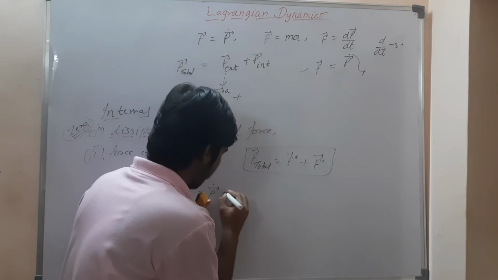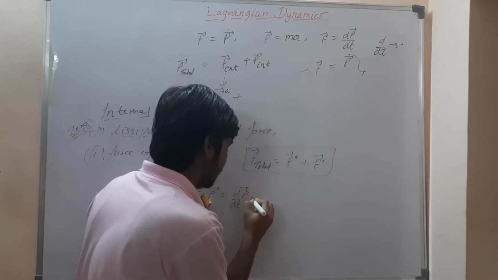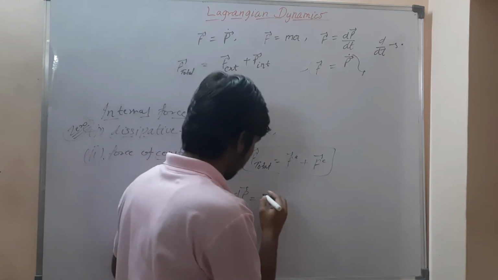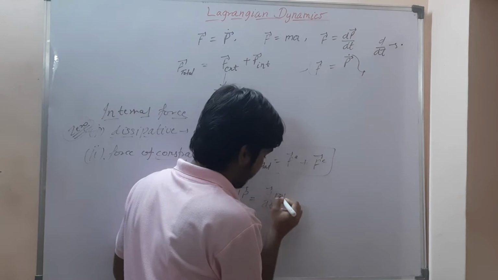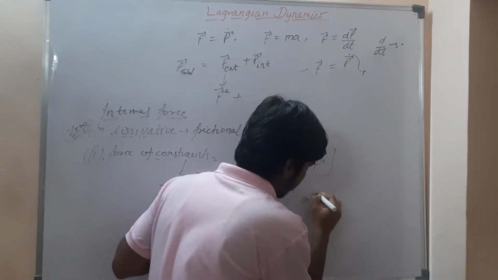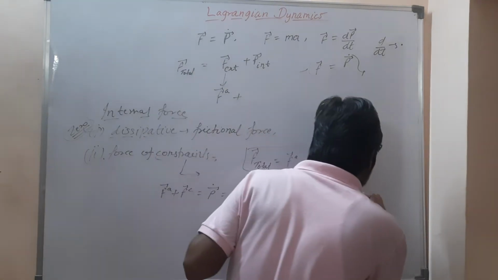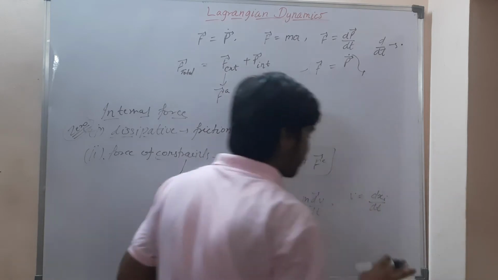And P dot I can write as d by dt of the P vector, which is d by dt of M v. M is constant, so M comes out, and d by dt of the v vector. And we know v is dx by dt, where x is the xi of some particle.